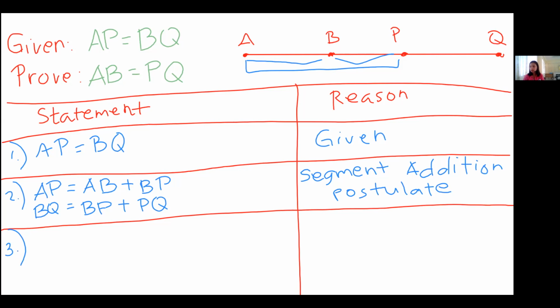dito naman tayo sa, ayan. So, we have here AB, parang papalitan lang po natin. Di ba? So, since ang sabi kasi dito, si AP equal siya sa measurement ni AB plus BP. So, we can say that AB plus BP is equal to BP plus PQ. Nagigets po? Kasi di ba, in the first statement, equal daw yung measurement ni AP and ni BQ.